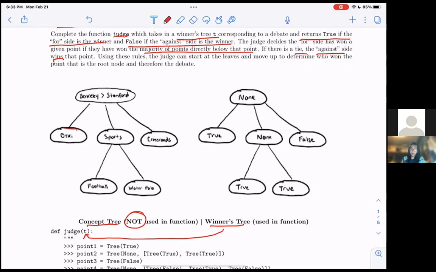So for example, for the OSCE topic, we can see that the corresponding node on the winner's tree is marked as True, which means that the for side won that particular point. On the other hand, if we look at the crossroads point, we can see that the corresponding node on the winner's tree is False, which means that the against side won that point. Okay, cool.